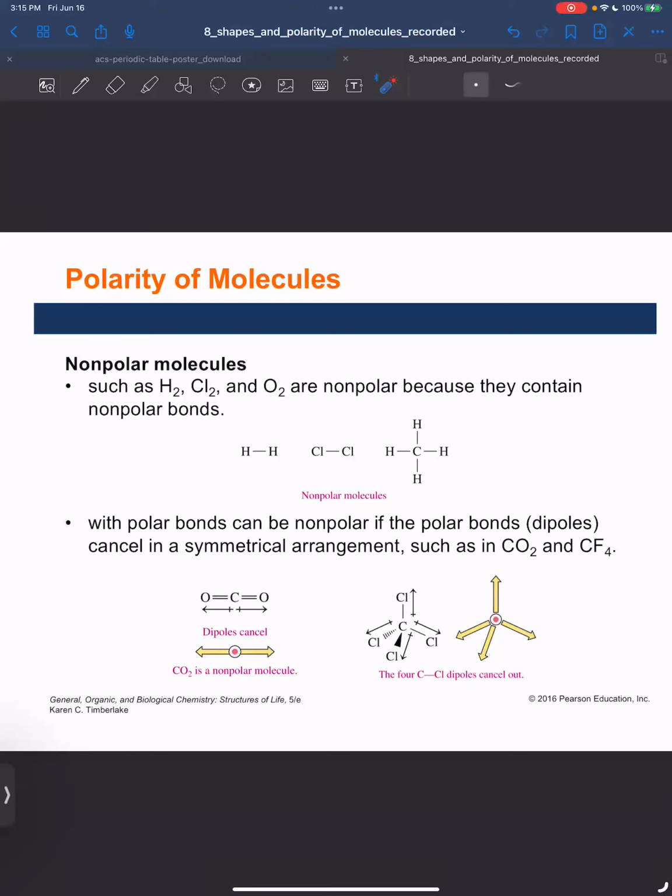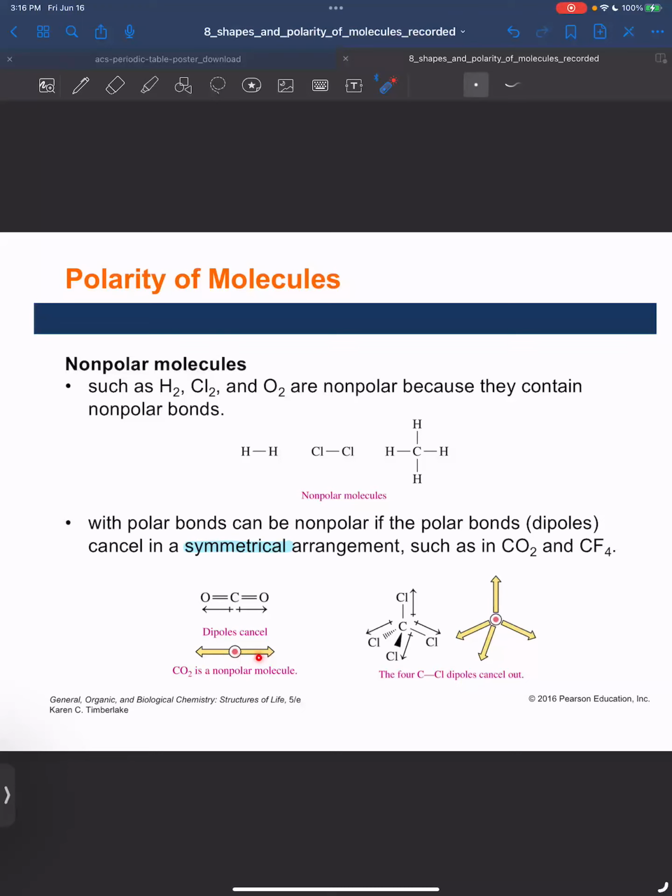But there are molecules that contain polar bonds, but their dipoles cancel out because there's symmetry. So if there's symmetry there, there are cases where a molecule contains polar covalent bonds. So for example, carbon dioxide has polar covalent bonds. Notice the dipole arrows. But because of the symmetry, those dipole arrows cancel each other out.